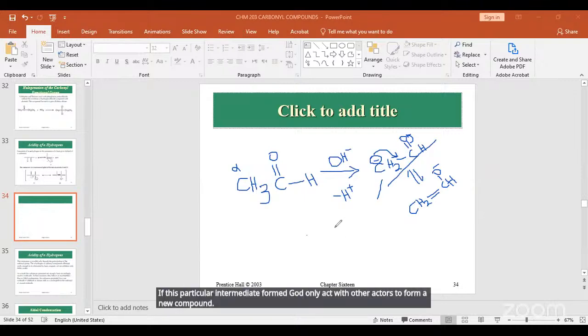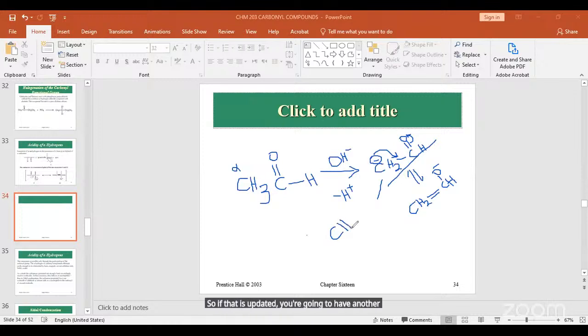So you're going to have another ethanal, CH3, C double bond O, and you have the H. Rather than forming the product this way, it will react with this.